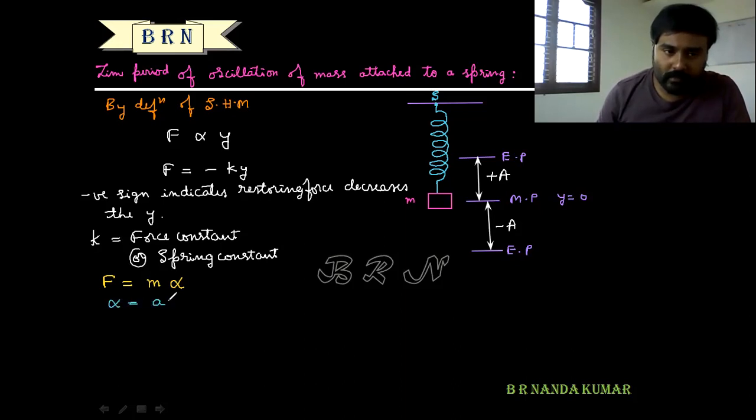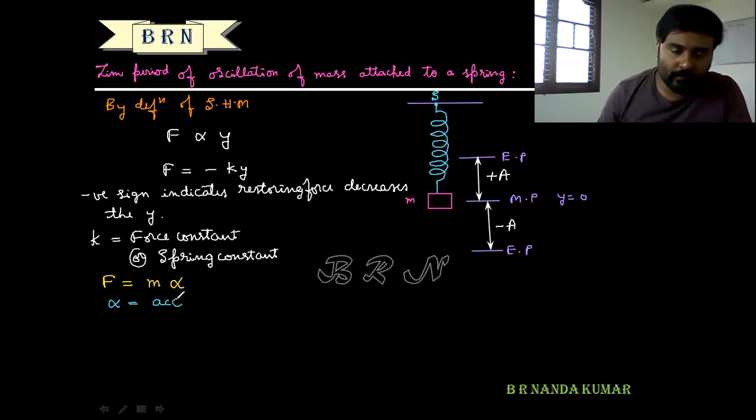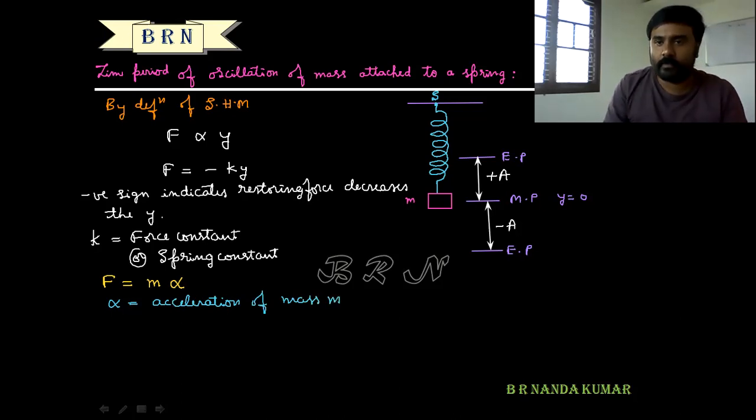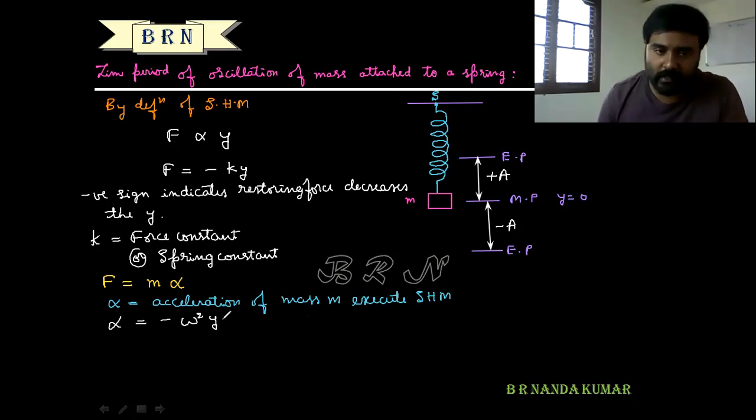The mathematical expression for alpha is minus omega square y, where y is the displacement of the particle.